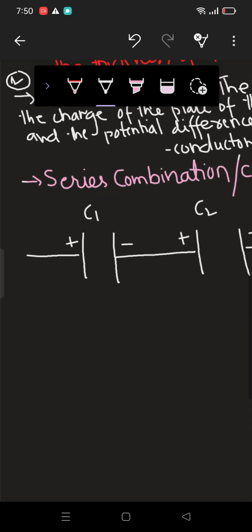Alright, now let me write the entire definition so that it is clear what is meant by series combination or capacitors in series.